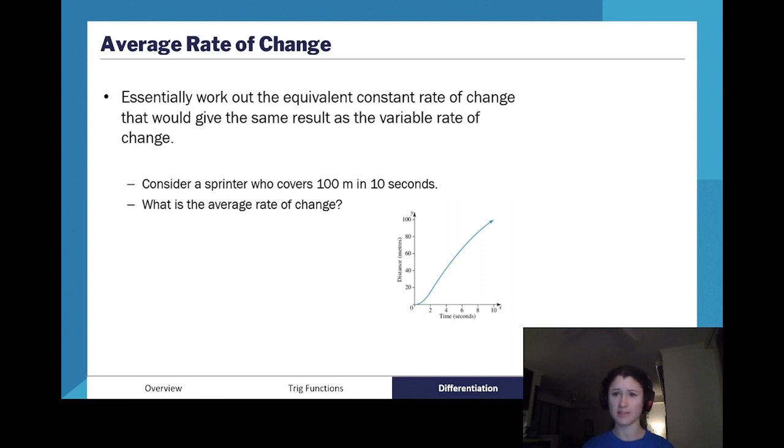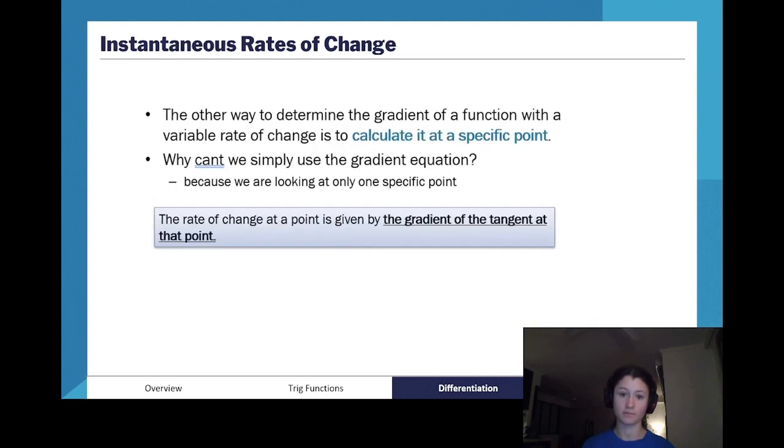However, as you can see on the graph, they actually ran faster at the beginning. So even though the average rate of change is 10 meters per second, that is not necessarily what the rate of change is going to be at any given point, because right at the beginning here it's going to be steeper, and up here it flattens out.